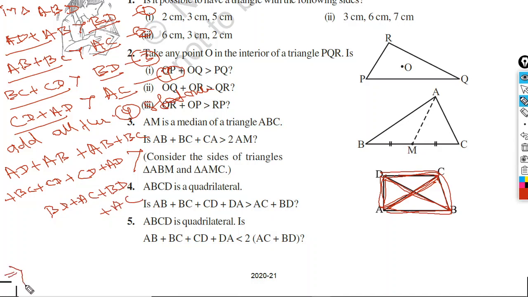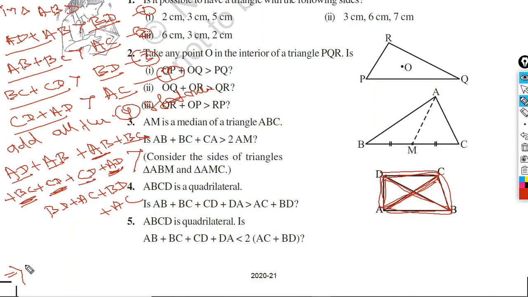Now here you see AD plus AB plus AB plus BC plus BC plus CD plus CD plus AD. Two numbers of AD, two of AB, two of BC, two of CD.